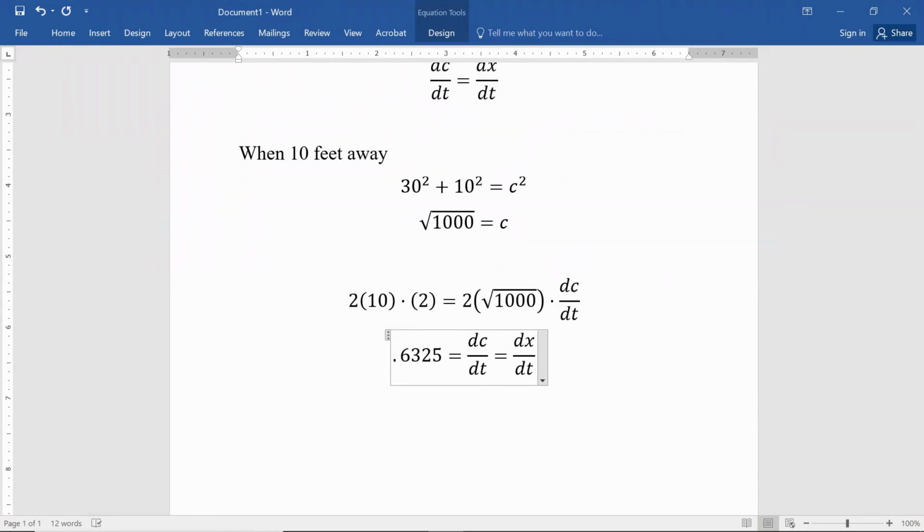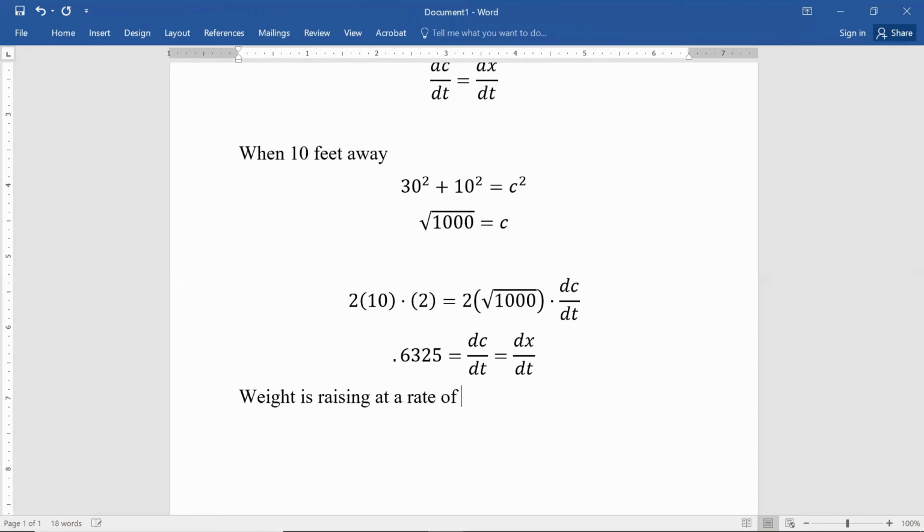That's also dx dt, because we know dC dt is the same thing as dx dt. So what that means is that the rope is increasing, or the weight is increasing. Let me say it that way.